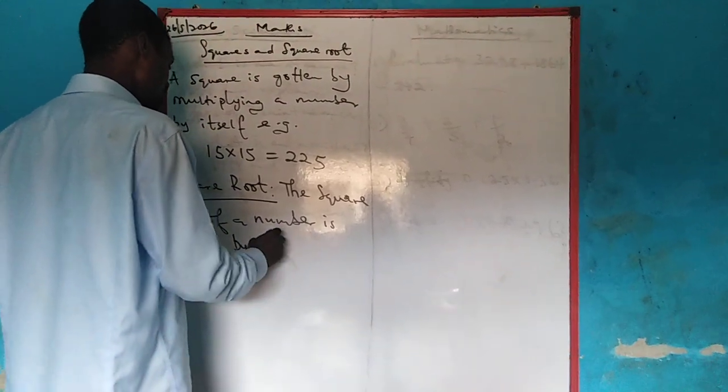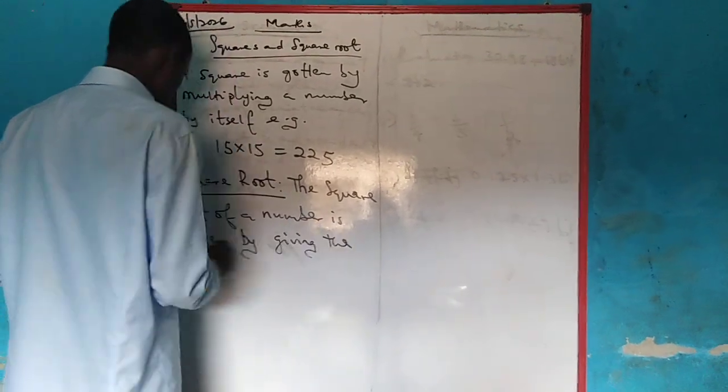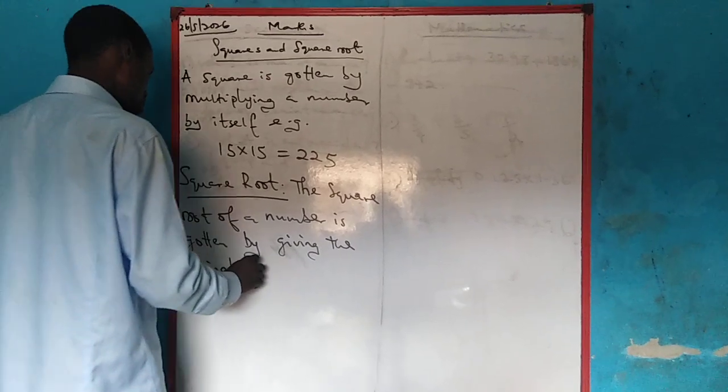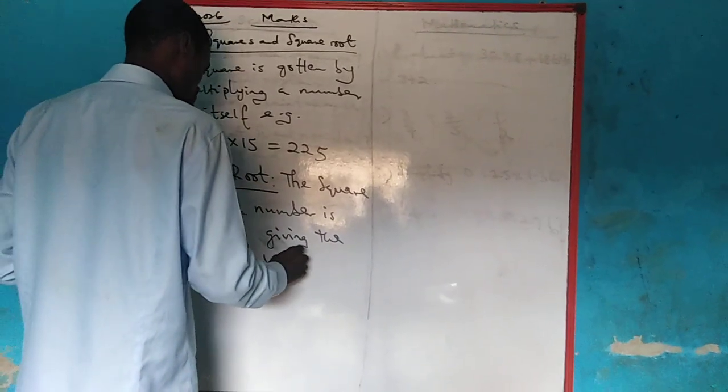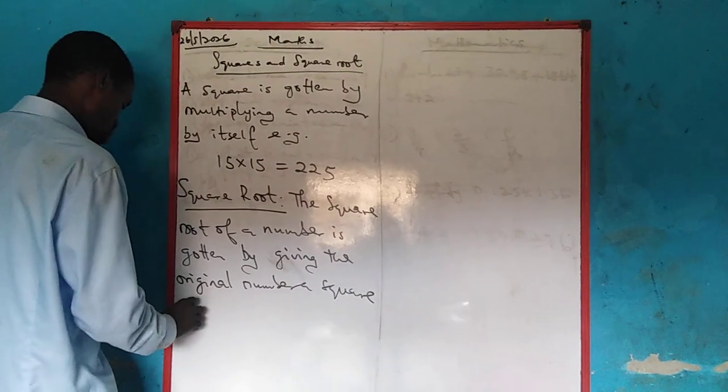It's gotten by giving the original number a square root. Are you following me?